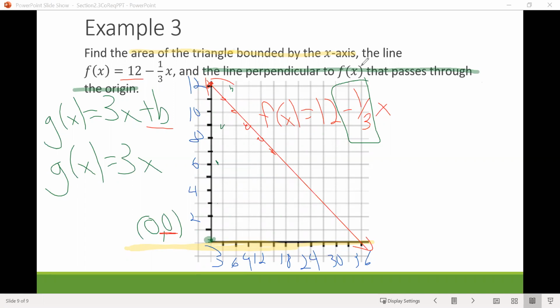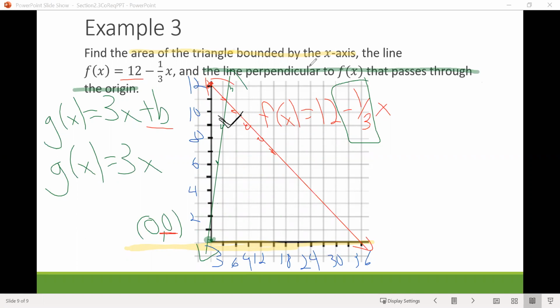So our line will look something like this. And recall that it's perpendicular to the red line. So even though it really doesn't look like it because of the scale of my picture, this is actually a right angle here.